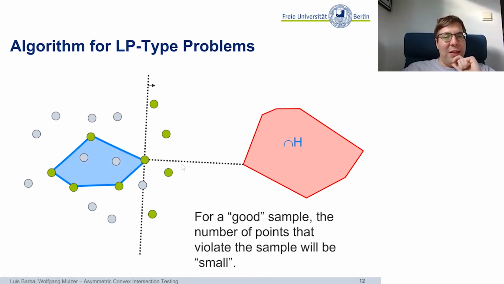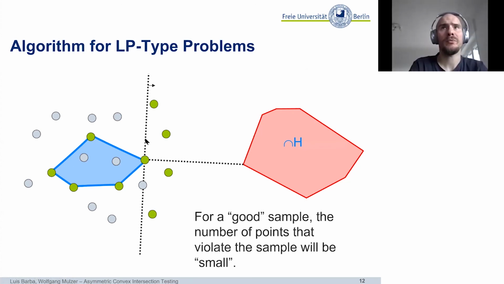What I do is I take a random sample, and I compute the facet of the random sample, of this blue polytope, that is closest to the red polytope. Then I look at all the points from the point set that were not in the sample and that lie to the right, closer to the red polytope than this facet.